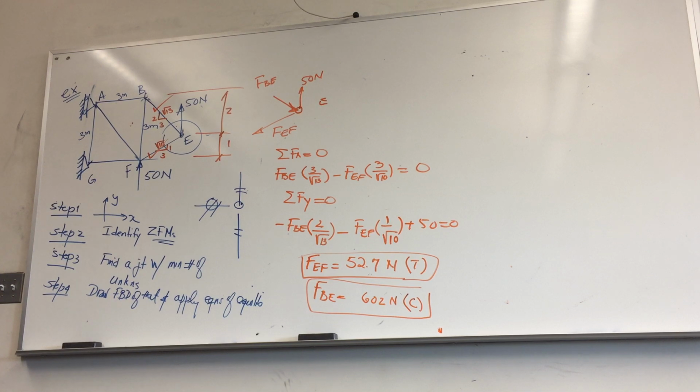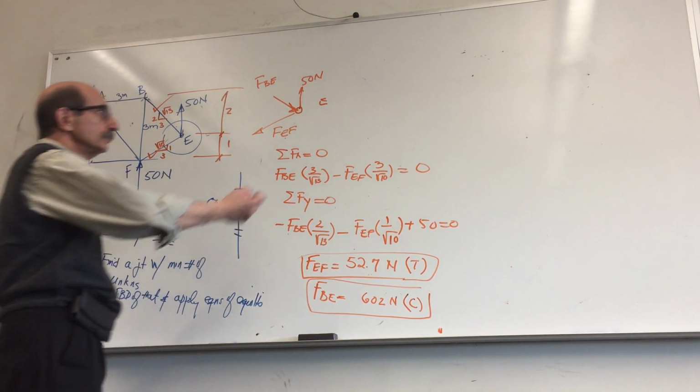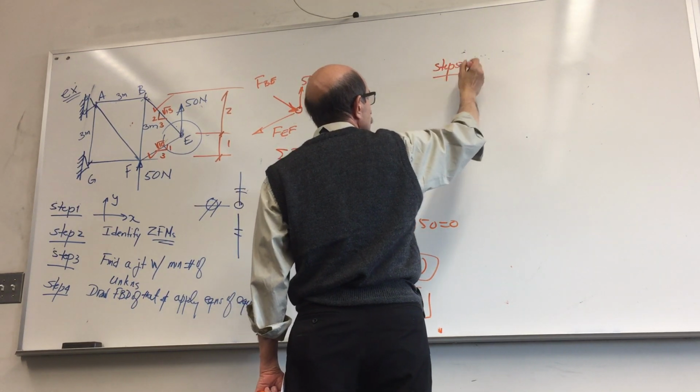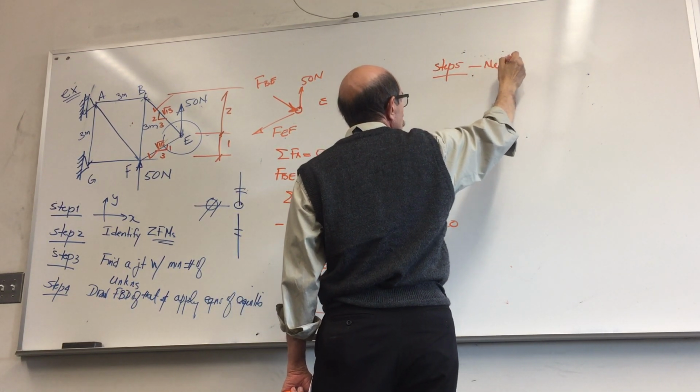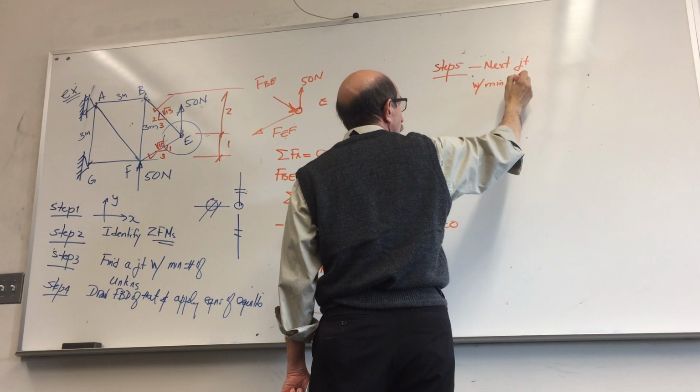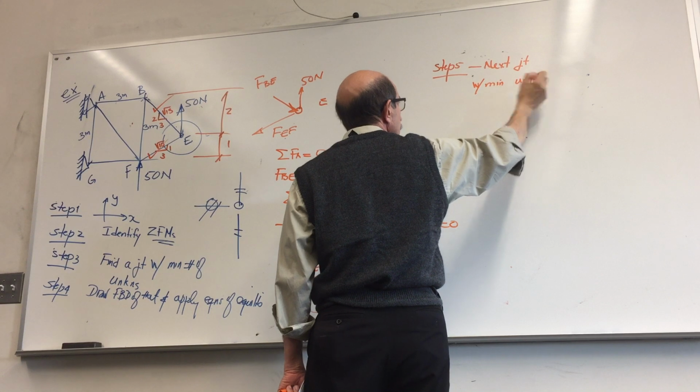Okay, so now I'll go again to step 5. We go to the next joint with minimum unknowns, right?